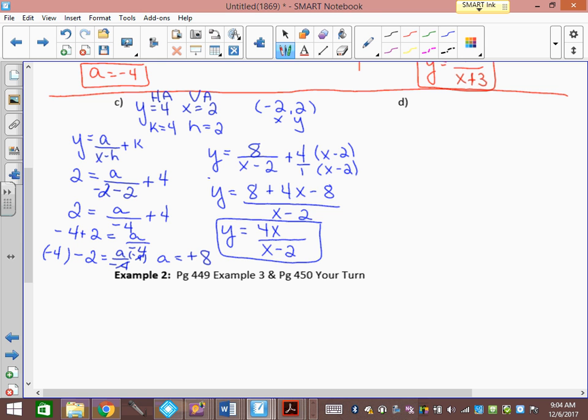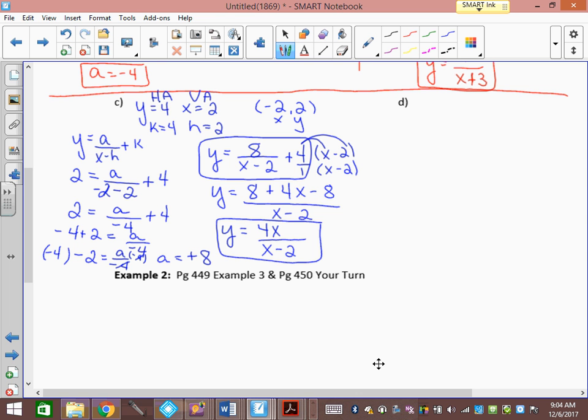So this one works, and this one was a good answer as well. I just distributed here, put it over x minus 2, and then put them all over x minus 2, right? Just common denominator. So you distribute this, you get 4x minus 8 all over x minus 2. And now you have a common denominator of x minus 2, so you'd go 8 plus 4x minus 8.